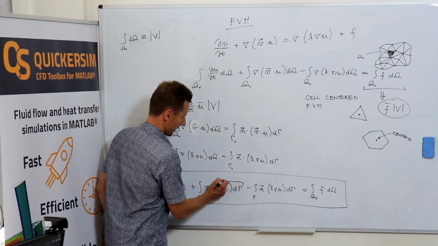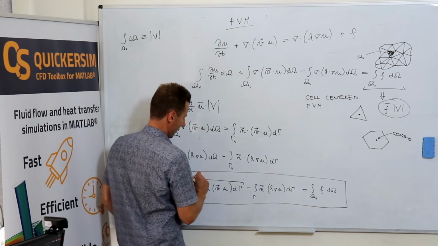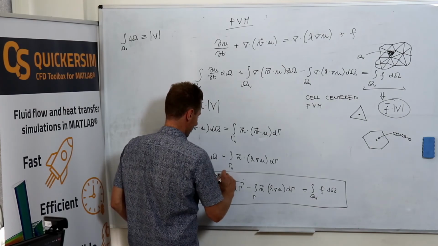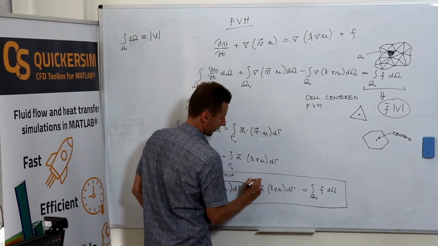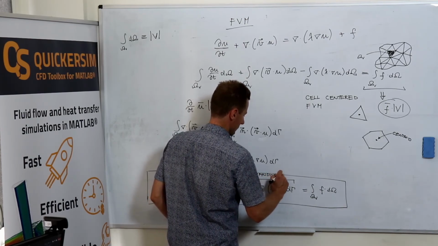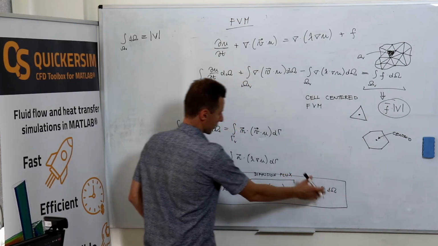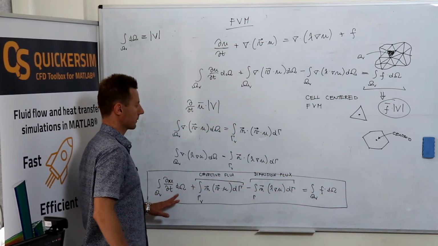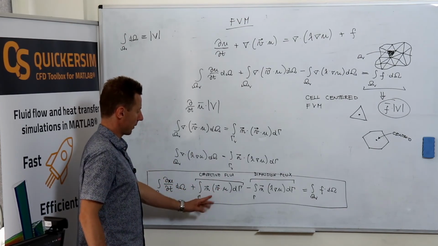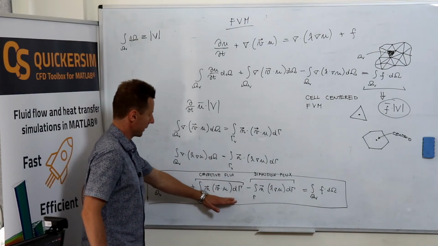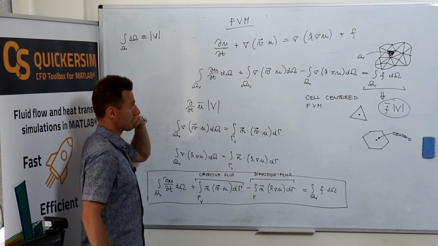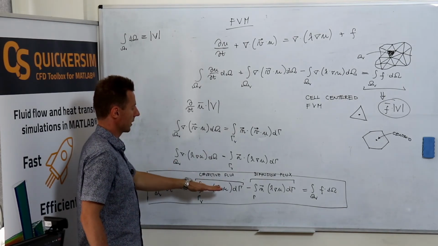First of all, this one is the convective flux, and this one is the diffusion flux. Again, the source term and the time derivative. So the finite volume method will be working very deeply with the convective fluxes and the diffusion fluxes, and flux is something particularly associated with the finite volume method.